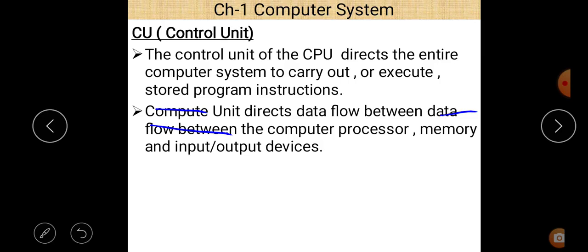And it is also responsible for execution of the program, as well as it sends different signals to different parts of a computer system, such as the computer processor, memory, and input output devices, and directs data flow between these parts. Overall, we can say that control unit controls the entire operation of a computer system.